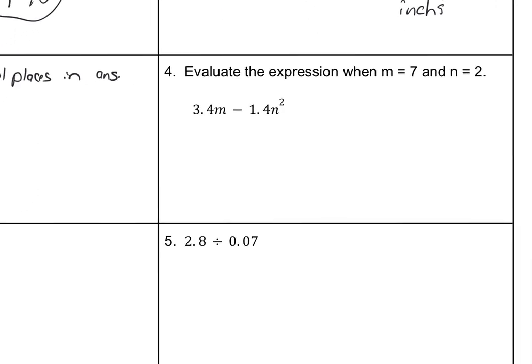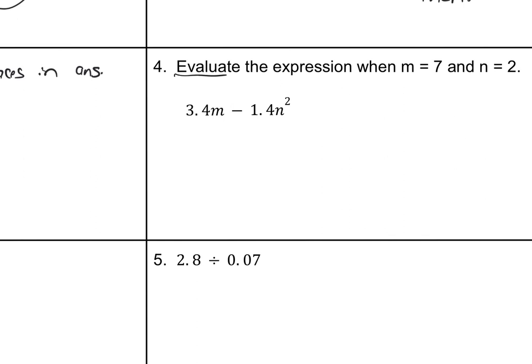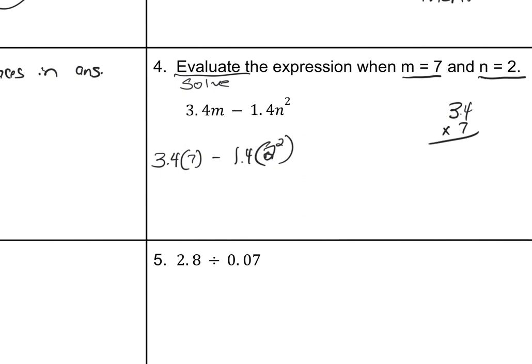Number 4, definitely a different type of problem you've not seen yet. We have evaluate, which means to solve. We're going to have to substitute the values of the two variables, the m and the n, into our problem. So we're going to go ahead and substitute real quick. 3.4 times the m, which is a 7, minus 1.4 times the n, which is a 2, that's going to be squared. So just off to the side of your paper, go somewhere and multiply 3.4 times 7.